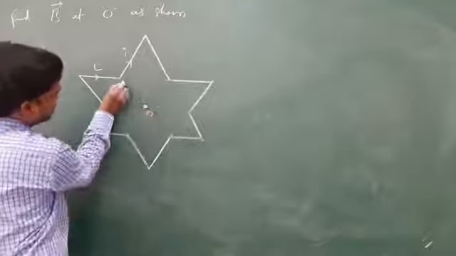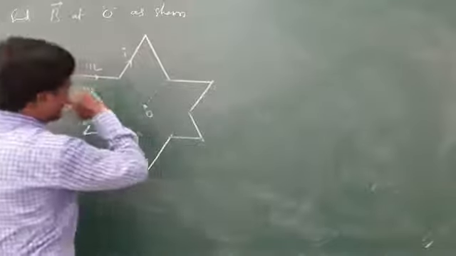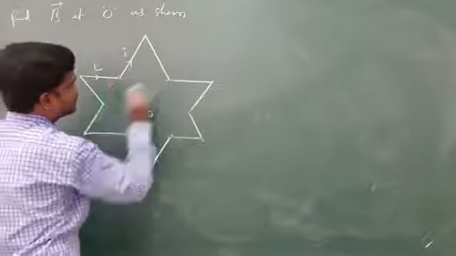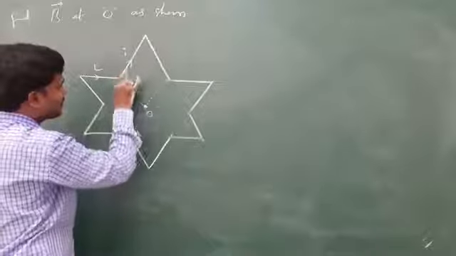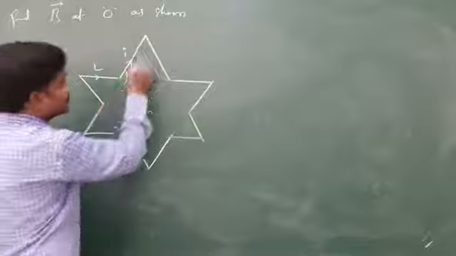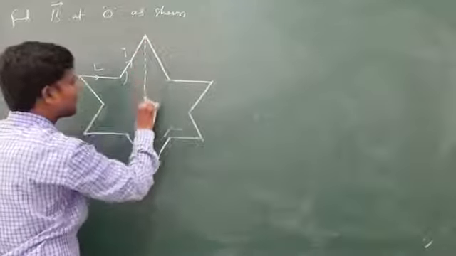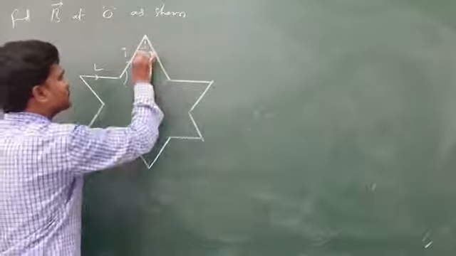Let me join, and see the geometry I am using. Here this is an equilateral angle, and see this angle, how much is it? 120. This is 120, and here this is 60. If I draw one line, this is 30.